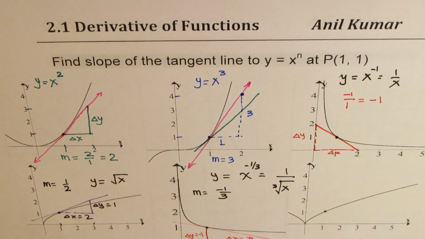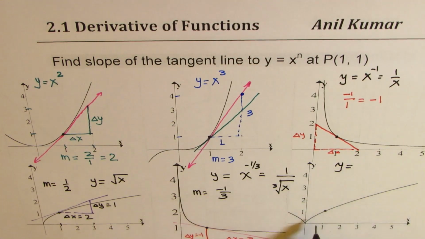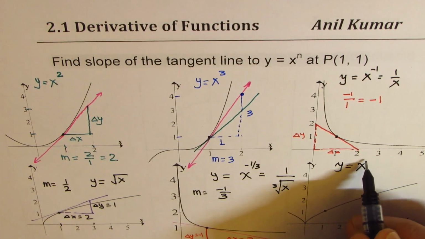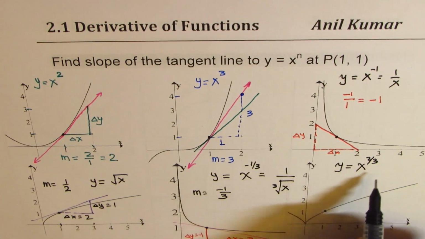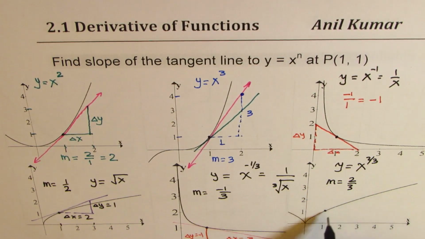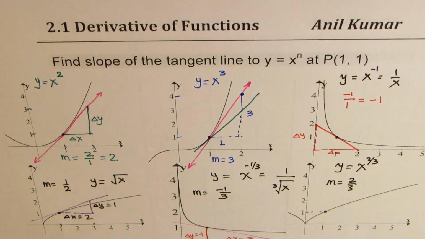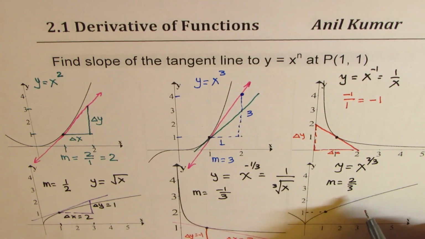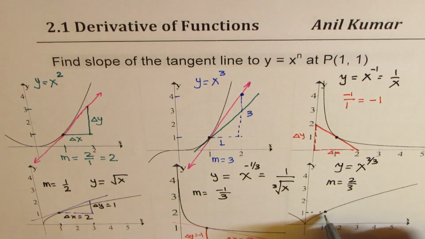Okay. Similarly, for the last graph, if you draw the tangent here, then you will see this function is y equals x to the power of 2 over 3, right? So what should be the slope? The slope should be 2 over 3 at the point (1, 1). So draw the tangent and you'll figure out that the rise is 2 and the run is 3, right?